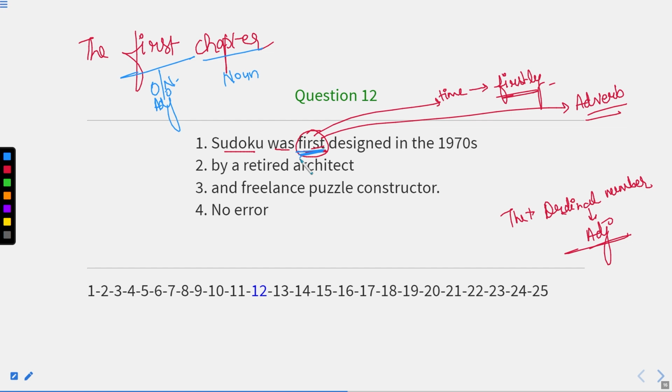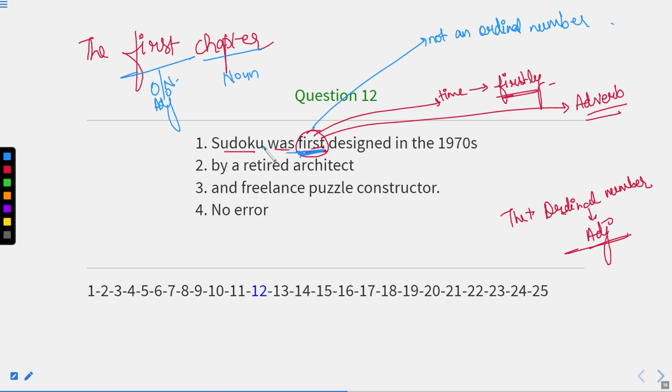Here this first is used as an adverb, not an adjective. And if it is not an ordinal number, we need not use any article before it. So here we have not used any article.